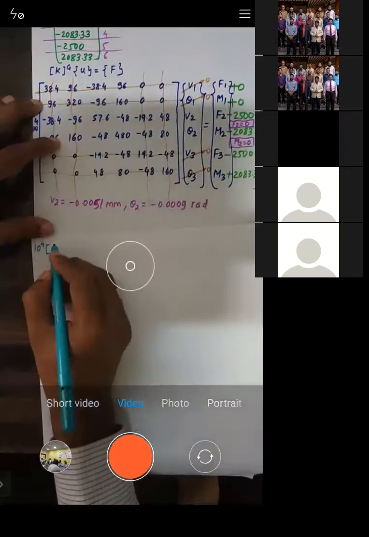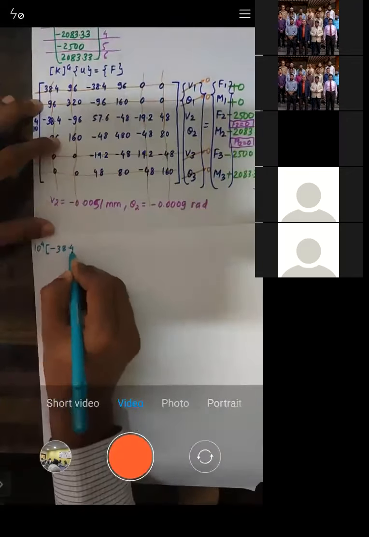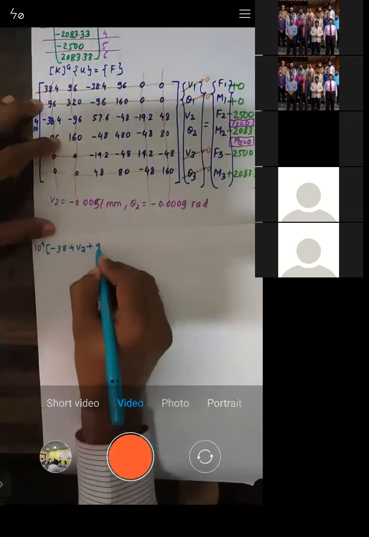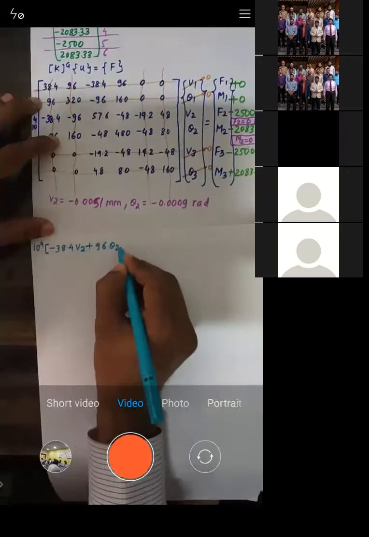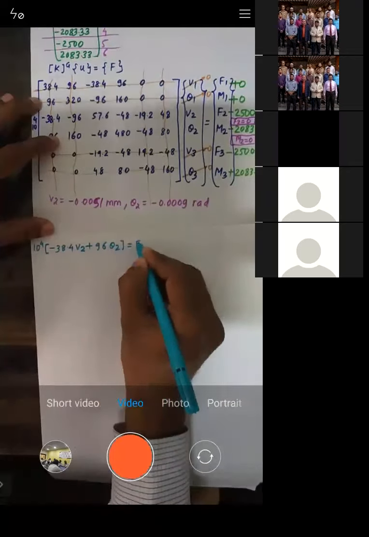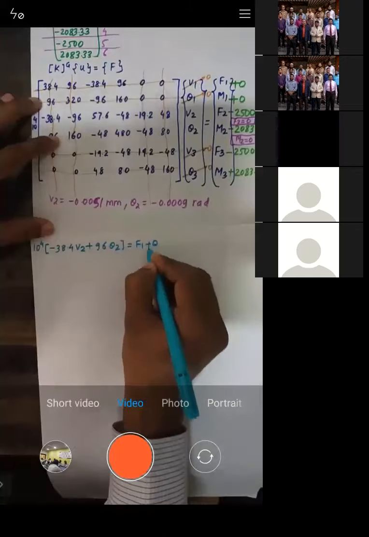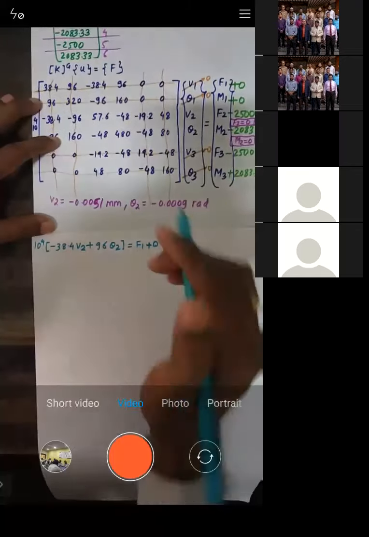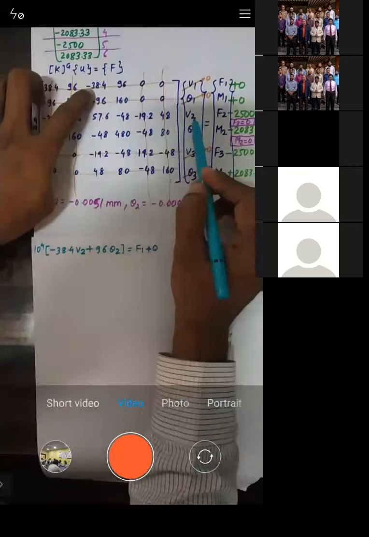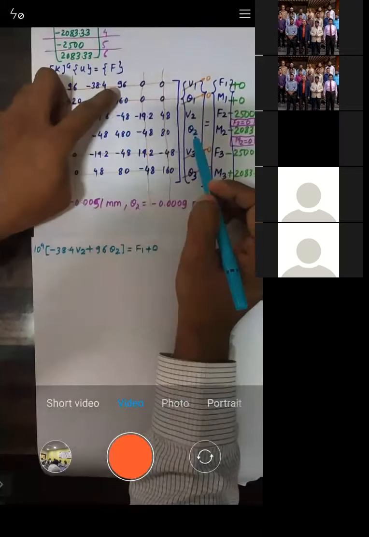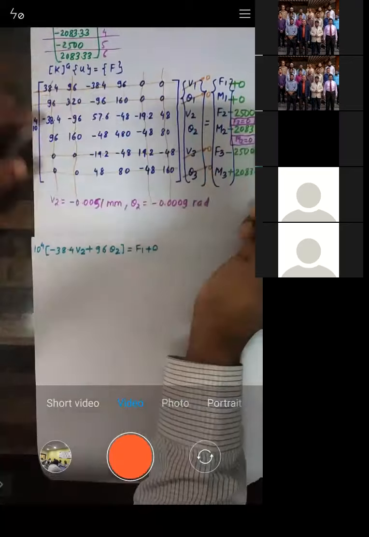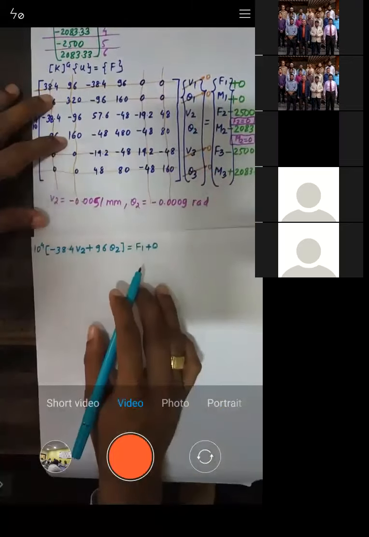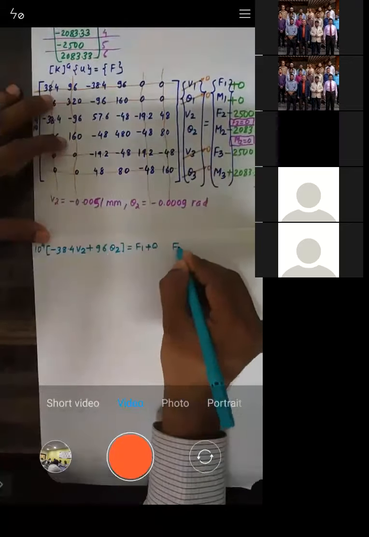So minus 38.4 V2 plus 96 theta 2 is equal to F1 plus 0. When we put these values, let us see how much force value we got.